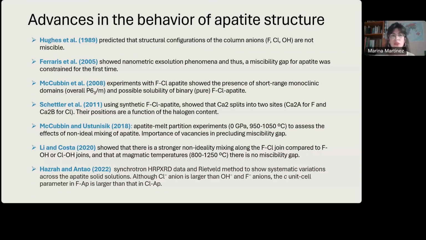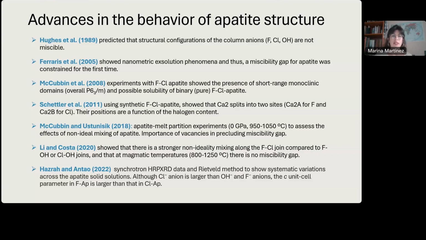McCabe et al. 2008 did experiments with fluorine-chlorine pure apatite, where they showed the presence of short-range monoclinic domains, and they suggested a possible solubility of binary fluorine-chlorine apatite. Schettler et al. 2011 also showed that Ca2 splits in two sites when chlorine enters the structure, one for fluorine and one for chlorine.